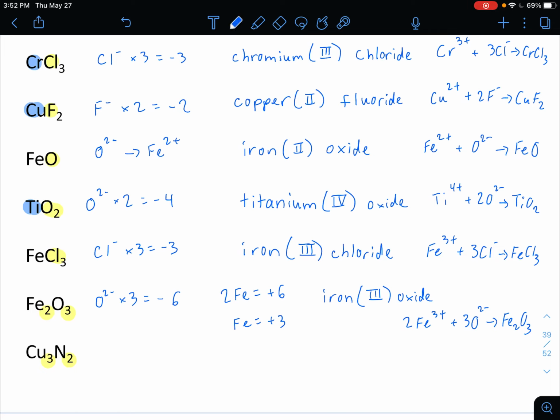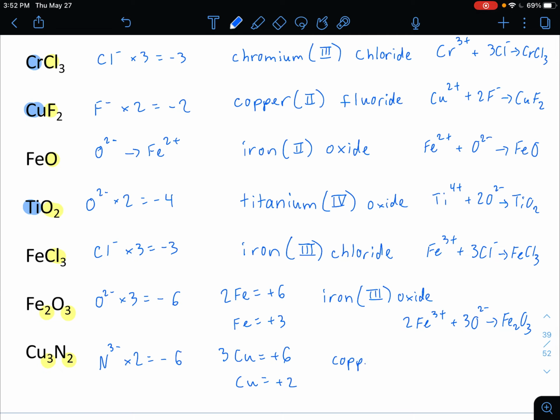And then the last one here, again, we've got subscripts for both species, so we need to think about that in the same way. Nitrogen makes nitride. That's 1 to the left of oxygen, so it's 3 minus when it forms an anion. We've got 2 of them, so that's -6. So in this case, 3 coppers need to cover that +6 to make it neutral. So that means each copper, dividing both sides by 3, needs to be +2.